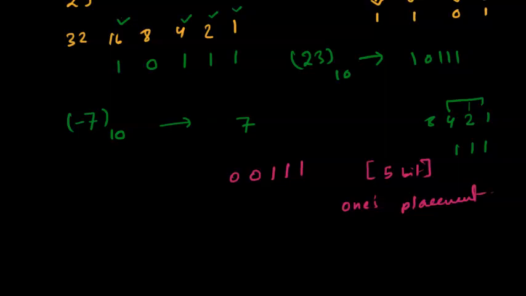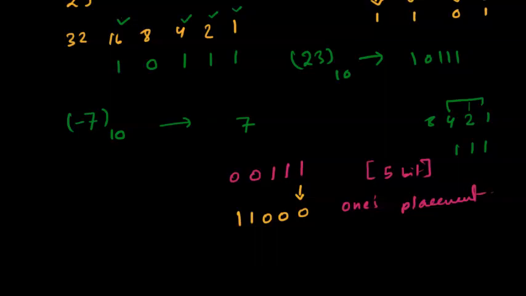So if you're interchanging the binary number, then this 1 is going to interchange into 0, and this one in the same way is going to interchange into 0, and this will be 0, and the 0 will interchange into 1. So this is the ones placement number. Most of the time the question also asks what will be the ones placement of this one. So this is the basic idea.